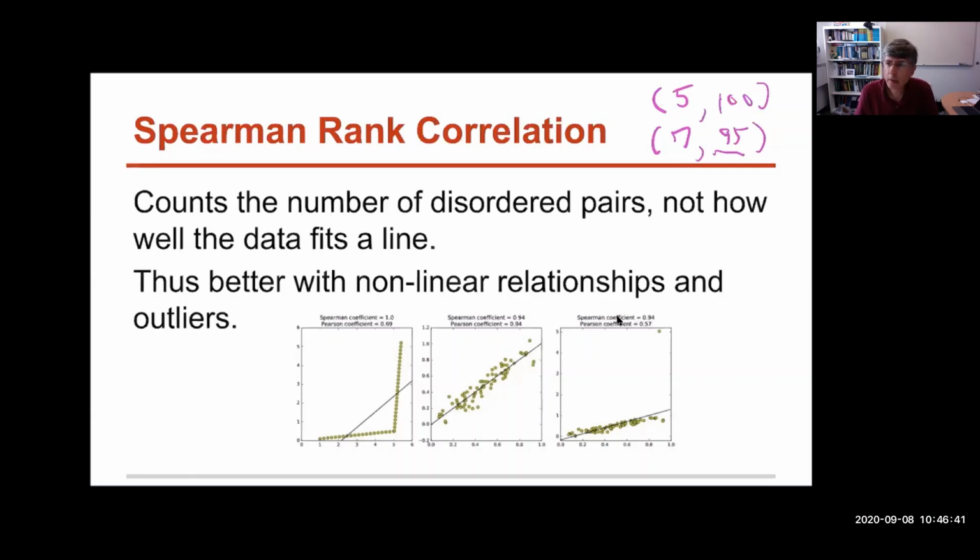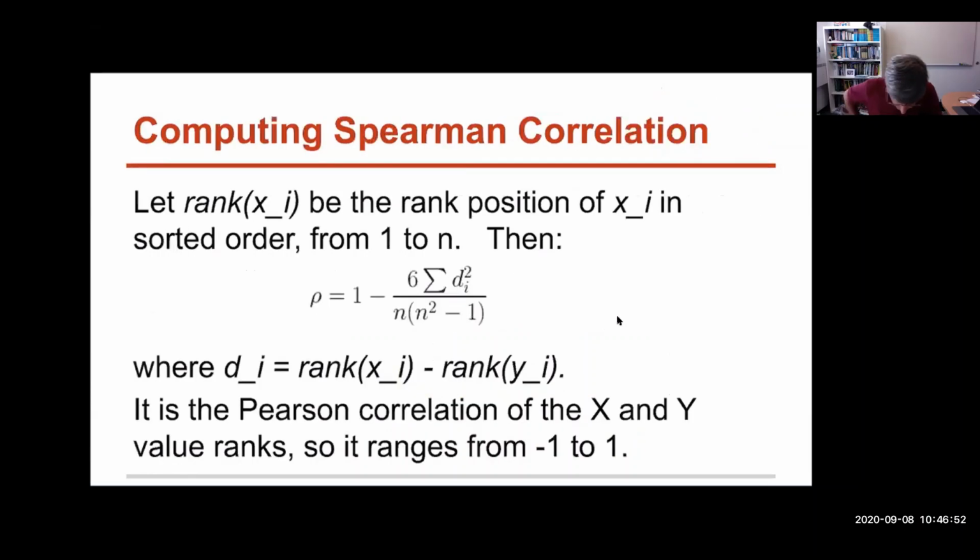Does everybody kind of see that? So the Spearman correlation is a good way to measure effects that aren't necessarily linear. Okay, any questions? And again, some of you are going to build models that are not necessarily linear.